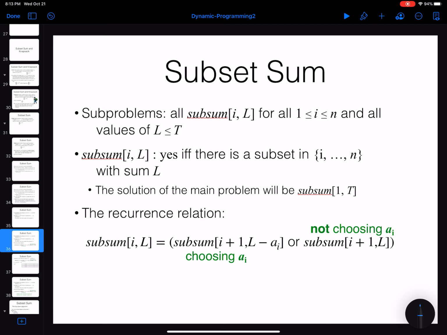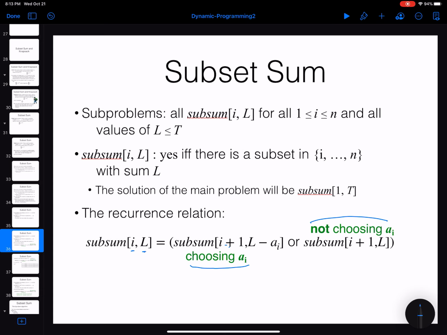For each subproblem of I and L, either you are taking the item A sub I or you are not taking it. If you take it, it means that the value of subsum will increase to I plus 1, because anyway you have decided about the ith item.